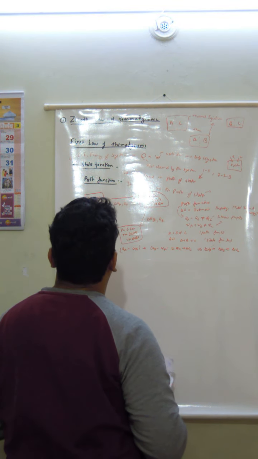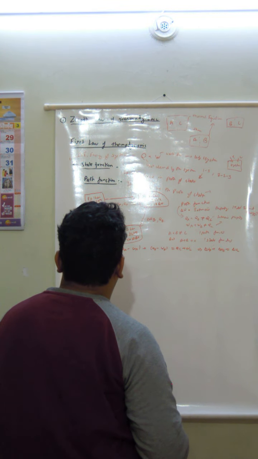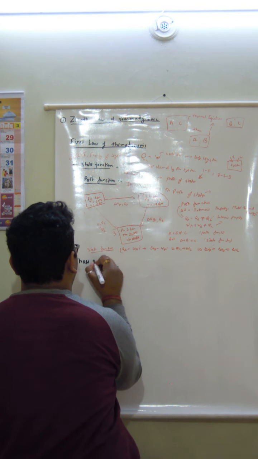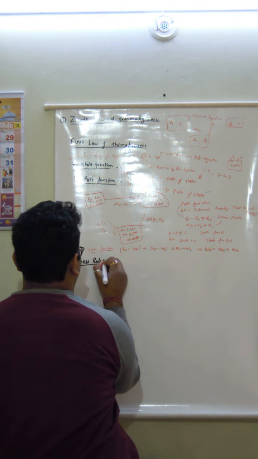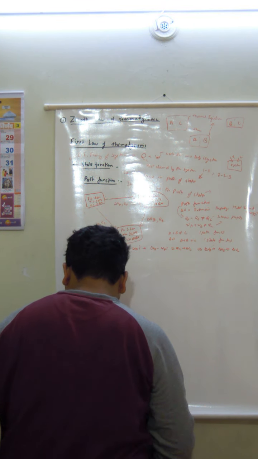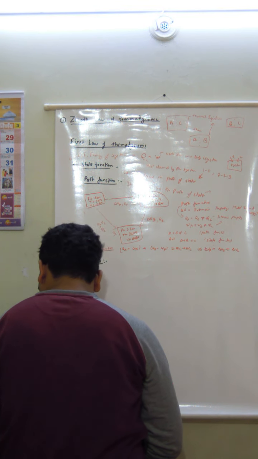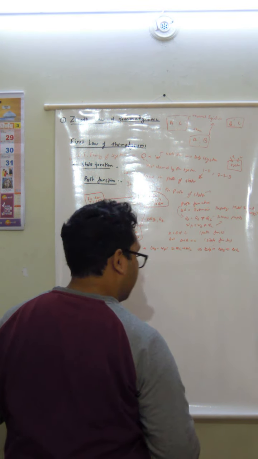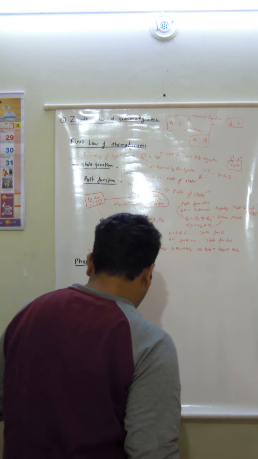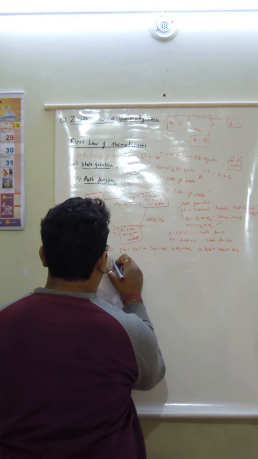In the first law of thermodynamics, there is a phase rule. The phase rule is a formula for the degree of freedom.